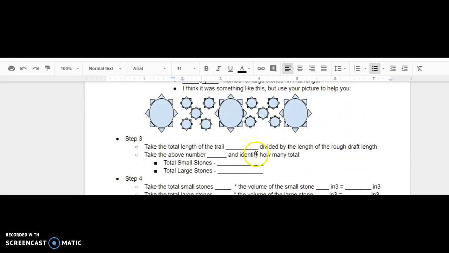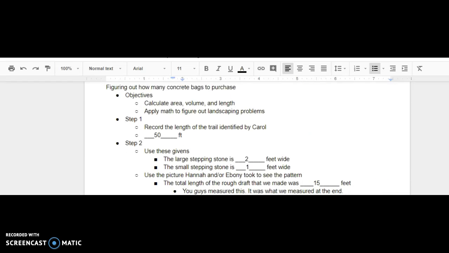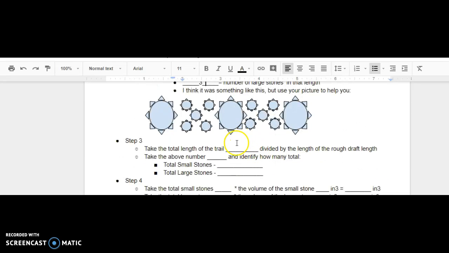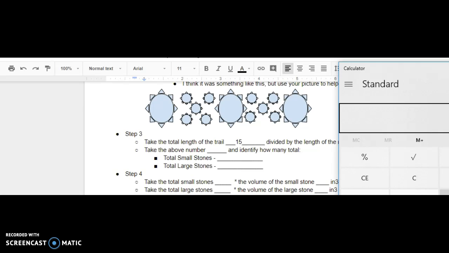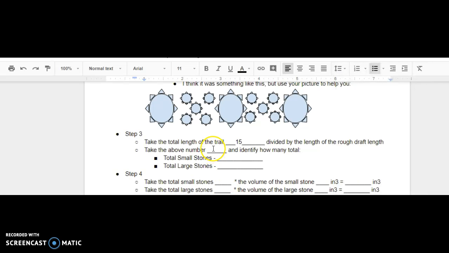Then you have the total length of the trail. I said the total length of the trail was 50 feet. Divide that by the rough draft length, which I said was 15. So we got 50 divided by 15, which gives us 3.3.